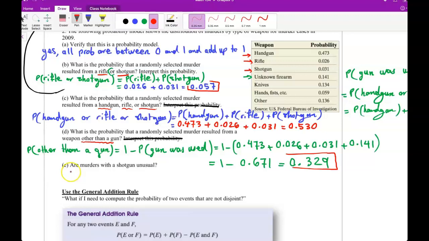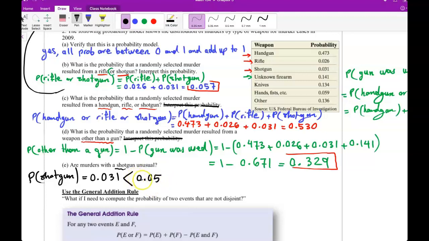Next part: are murders with the shotgun unusual? Remember, for unusual, you should have probability less than 5%. So the probability here, asking for shotgun, based on this table, we have 0.031. So compare this one with 5%. This is obviously less than 5%.